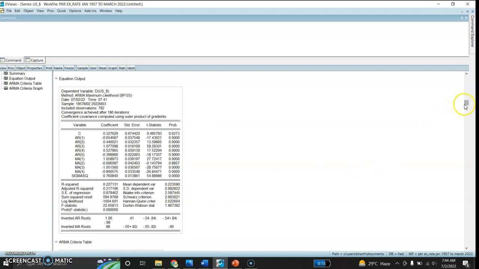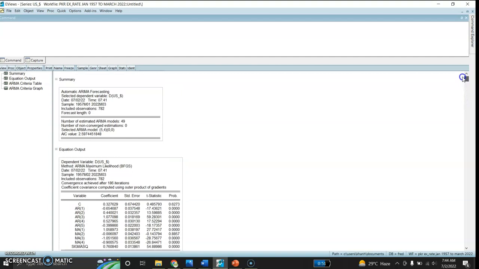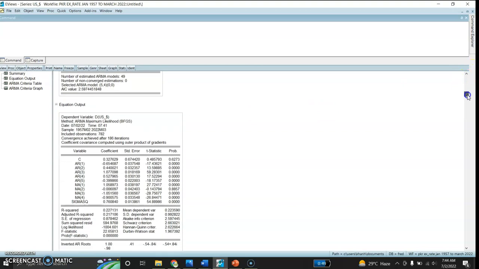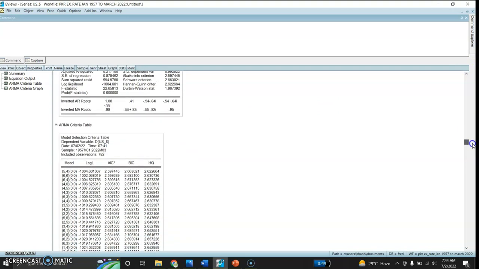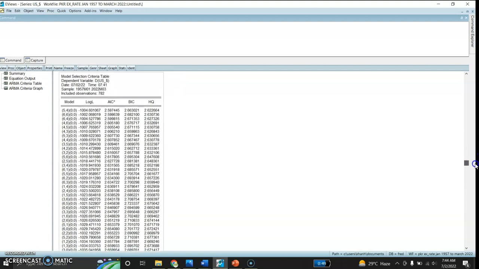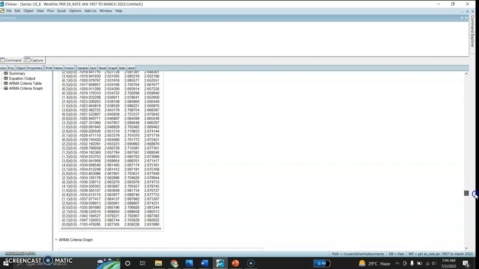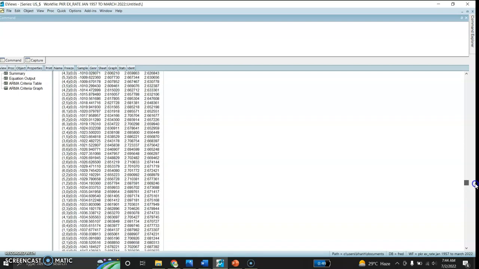So let me also compare this with the value that I just showed to you. After this, here is the ARIMA criteria table, and these are the various models that it has taken into account.